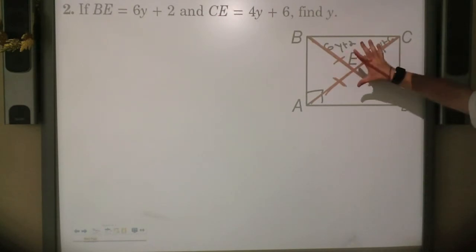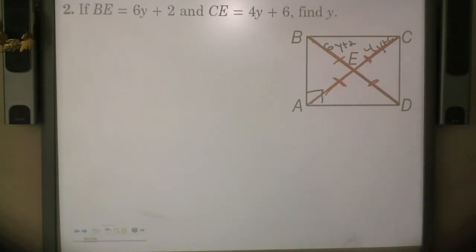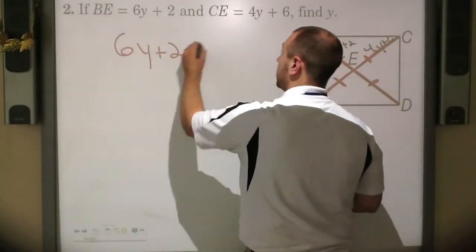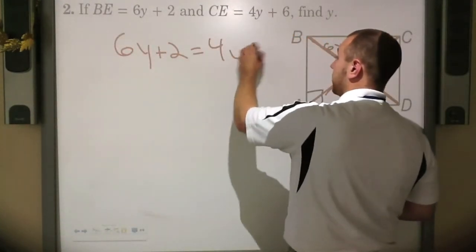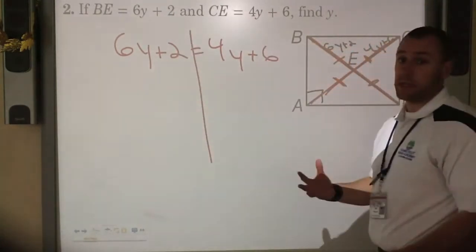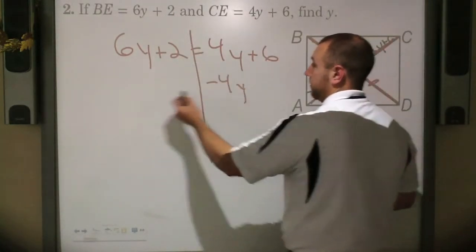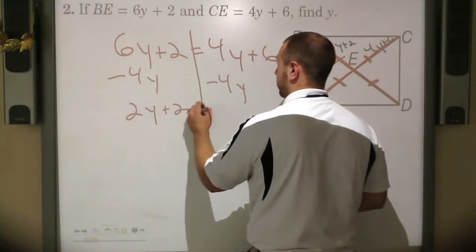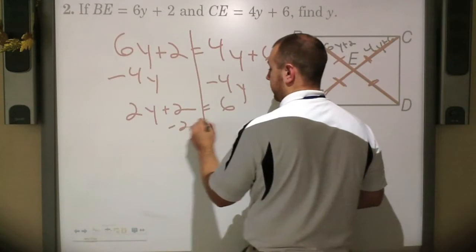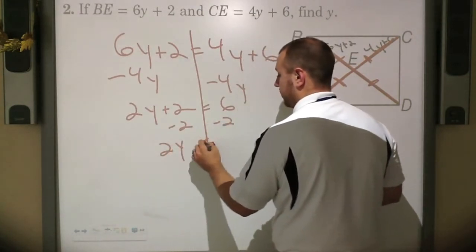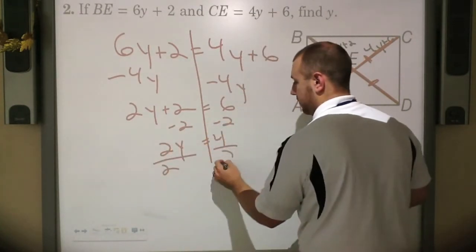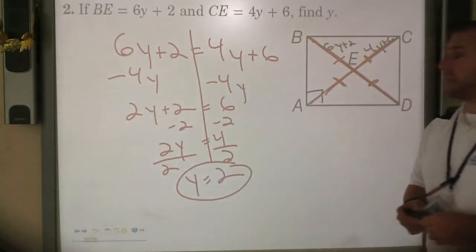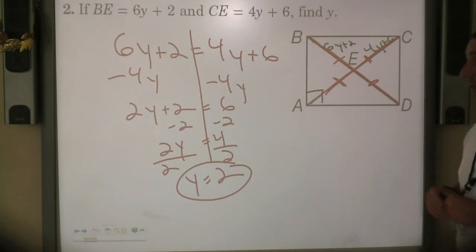So all those little sections are congruent. So I can say 6y plus 2 equals 4y plus 6, and then solve.